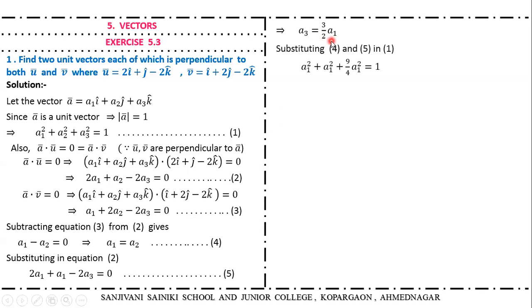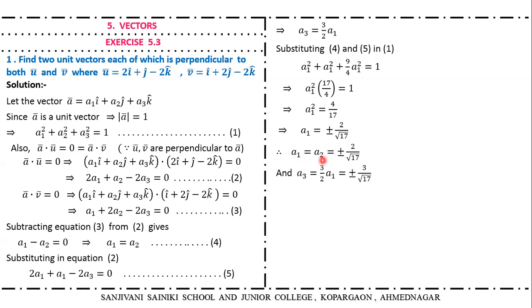3 by 2 a1. Now putting this value of 4 and 5 in equation 1, we get a1 square plus a1 square plus 9 by 4 a1 square is equal to 1. If we add these three, we get a1 square into 17 by 4 is equal to 1. That means a1 square is equal to 4 by 17. Taking the square root on both the sides, you will get a1 is equal to plus minus 2 by root 17.